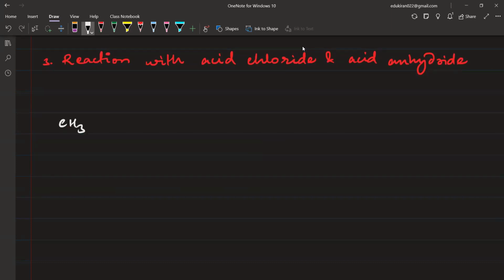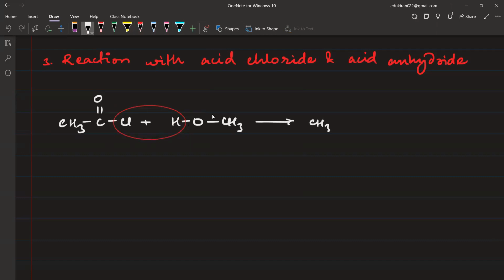We have CH3, C double bond O, chlorine, plus H, oxygen, and then CH3, let us suppose. This is my alcohol. Here also, this portion, hydrogen and chlorine, is taken out, and we have CH3, C double bond O as it is, further bonded to OCH3. This is what we get, plus we are going to get HCl.